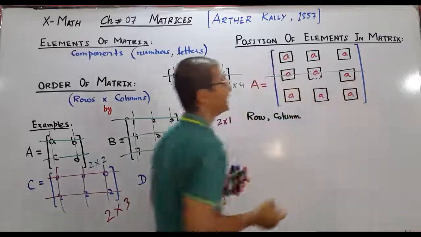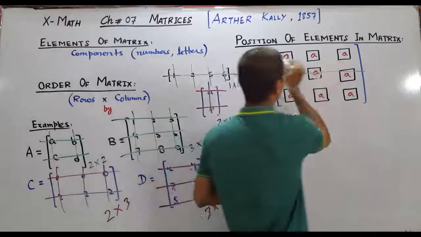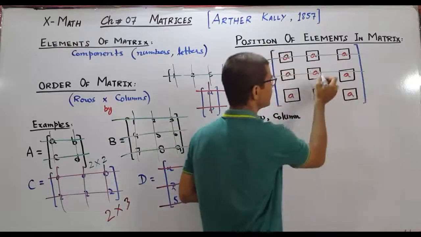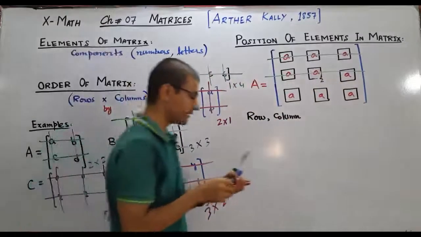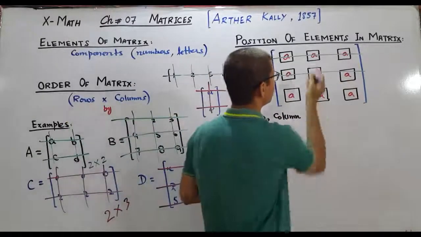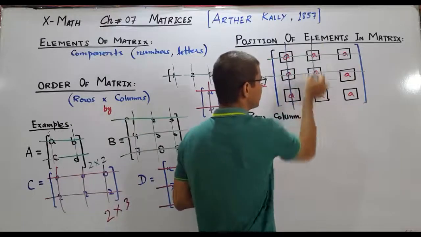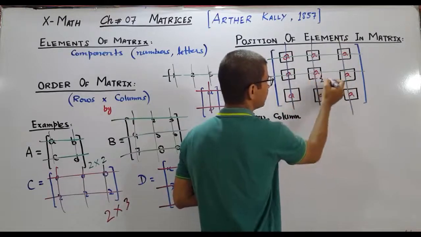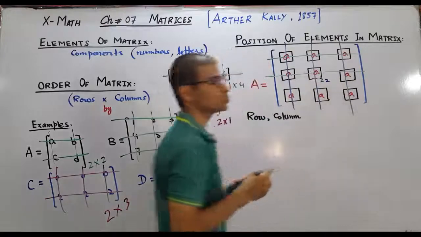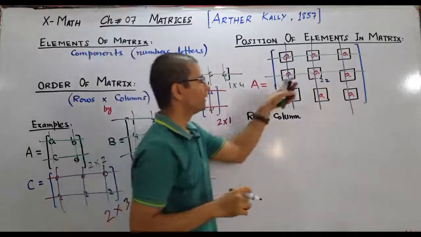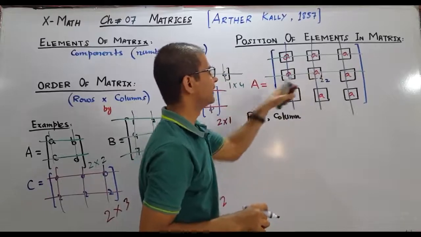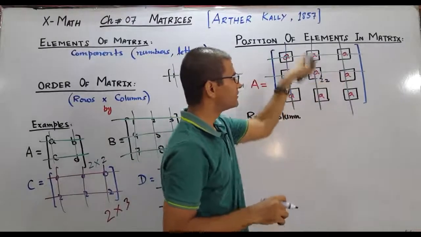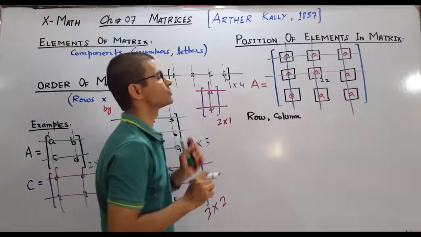This is first row, second row, third row. This is second row. First write row and then write column. This is first column, second column, third column. So this is second column. Location is 2 2. So we will write it as A2 2. A2 2 means second row, second column.